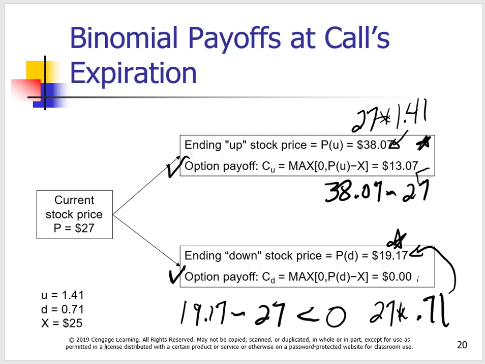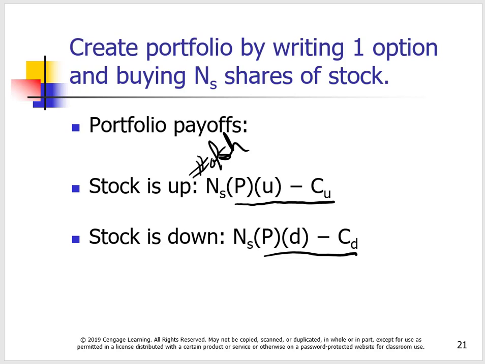So let's work our way through and think about how this might work. We want to create a portfolio that's going to create a risk-free opportunity. How many shares of stock do we need to buy to create an opportunity where these two things would be equal? So if the stock is up, the value of the portfolio is the value of the option times the number of shares.